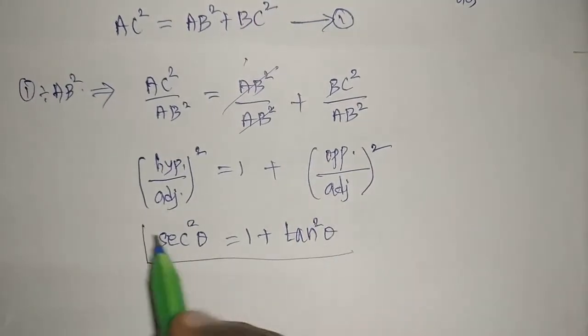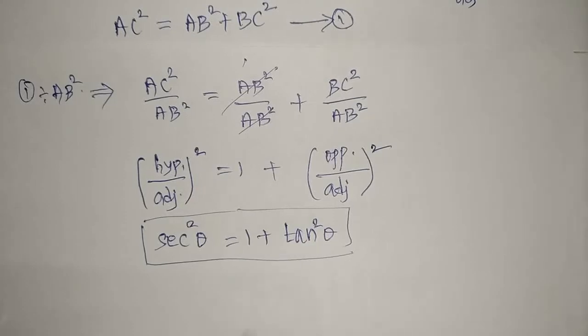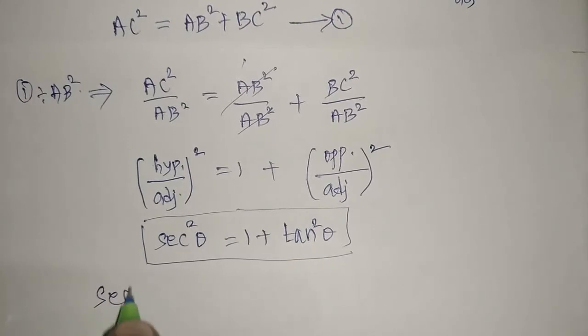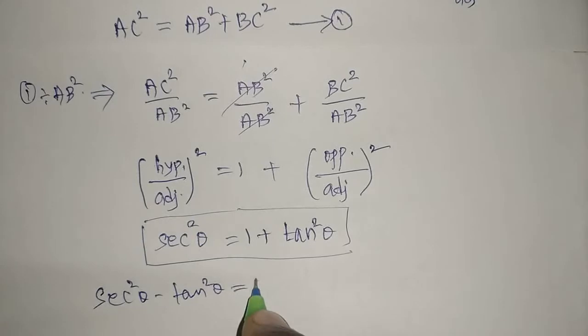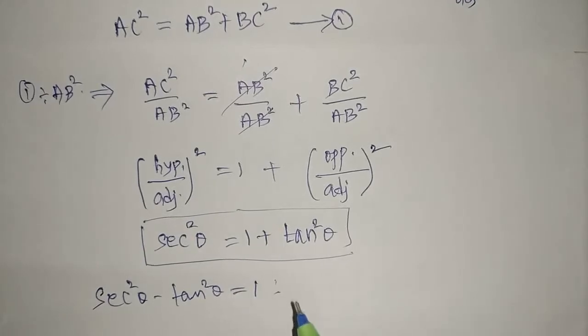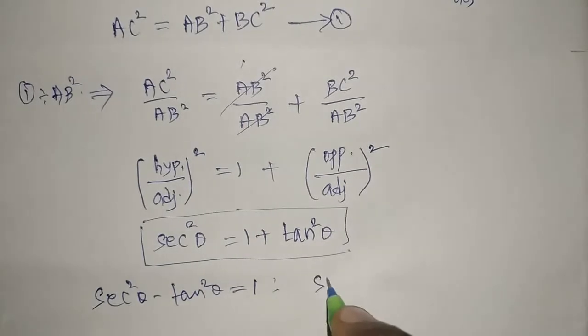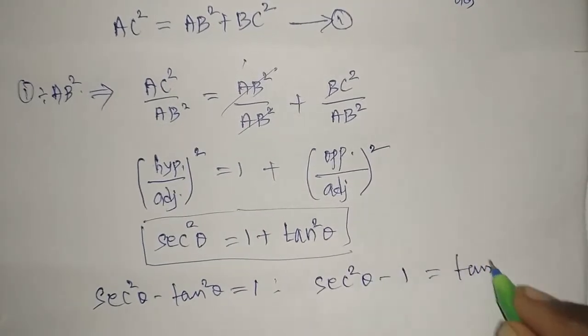This is another identity we are getting. From this also we can get another two subdivisions. Suppose we need 1 alone, you can bring tan square to this side, so secant square theta minus tan square theta is equal to 1. Or if you want only tan theta, send the 1 opposite, then secant square theta minus 1 is equal to tan square theta.